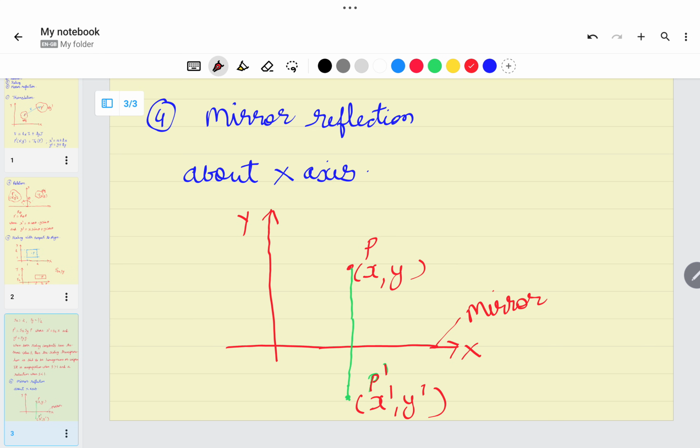In this case, you will see that x dash is equal to x and y dash is equal to minus y.